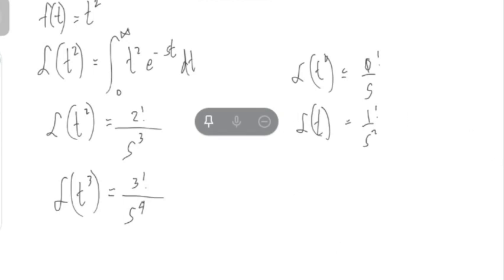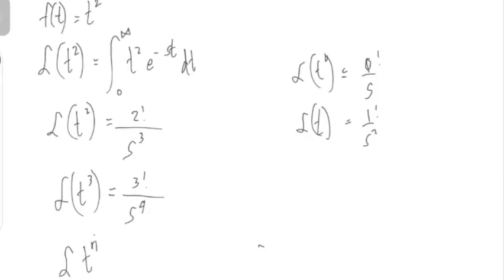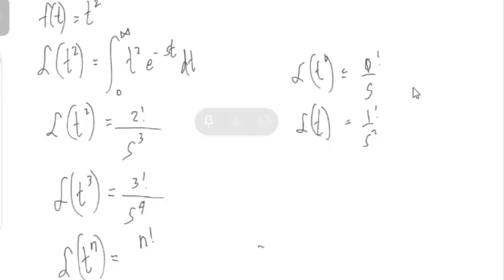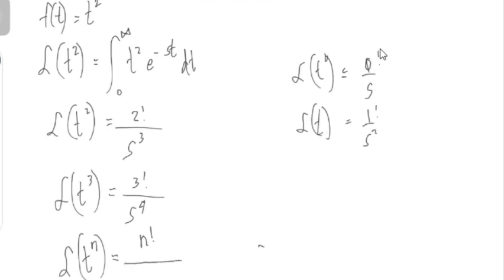Pwede mo nang sabihin ganito. The Laplace transform of t to the n is equal to n factorial over... Pagka 0, 0 factorial, then s to the 1. Pagka 1, 1 factorial, naging s squared. Pagka t squared, 2 factorial, s cubed. Tapos dito, s to the, what have you observed?